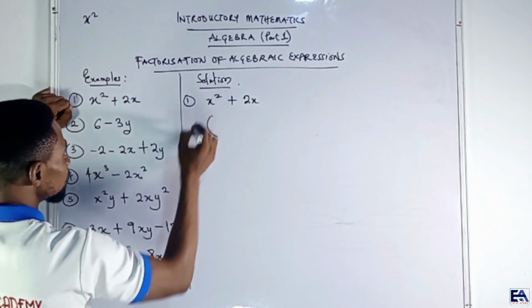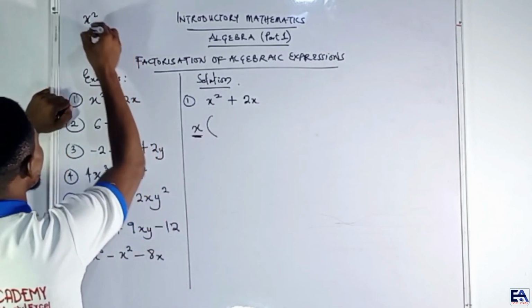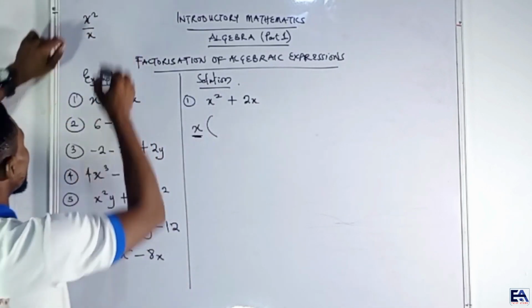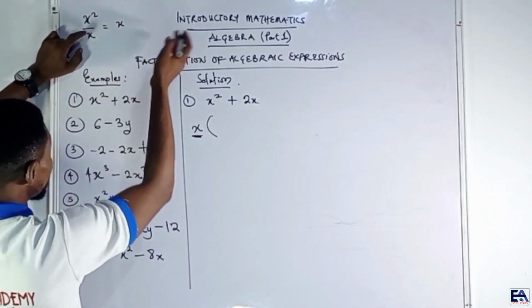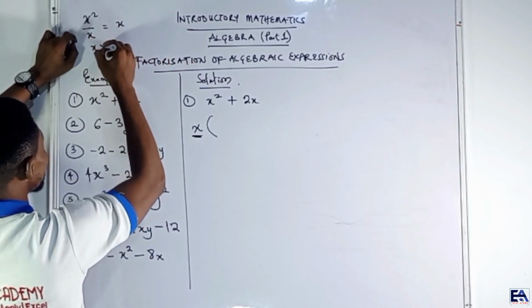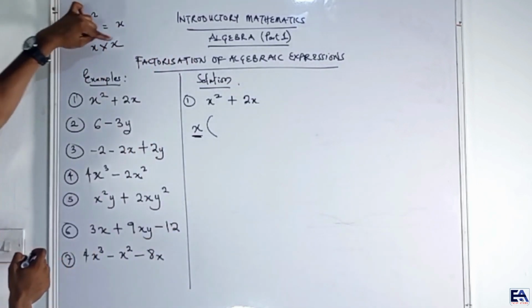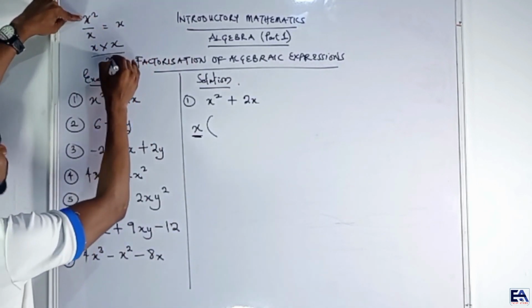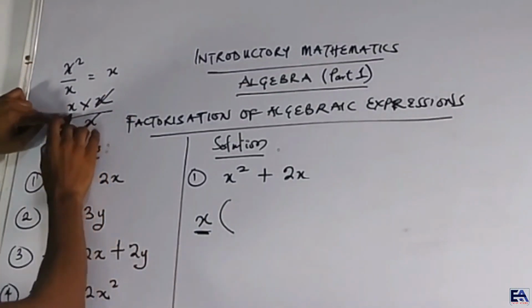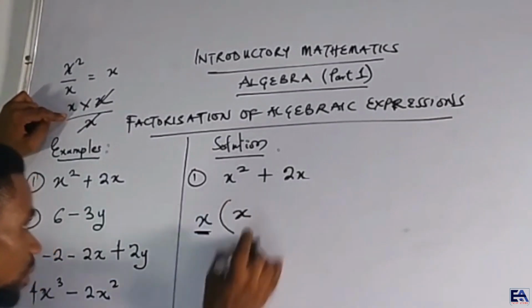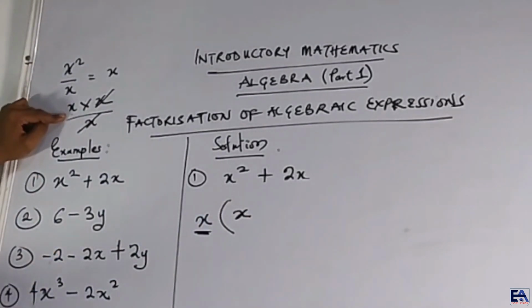When you divide it by x, x raised to the power 2 divided by x will give us x. That simply means x times x, and when you divide it by x, this will take 1 and remain 1x. So that x is the result, and it is what you keep in the bracket here. I believe you get that?